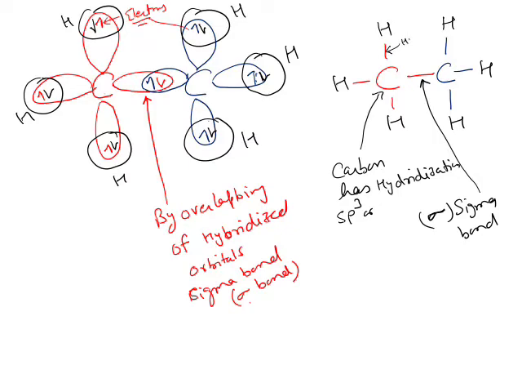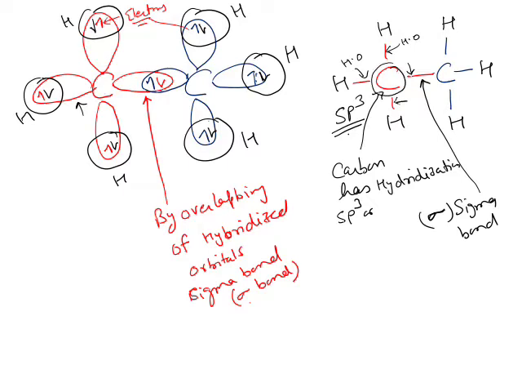This bond is also formed by a hybridized orbital, and this is also formed by a hybridized orbital. So if you have 4 single bonds, or 4 hybridized orbitals making bonds, that means this carbon is in the sp3 hybridized state.